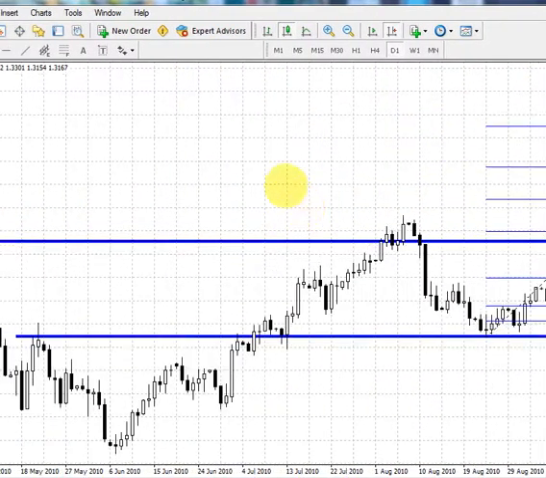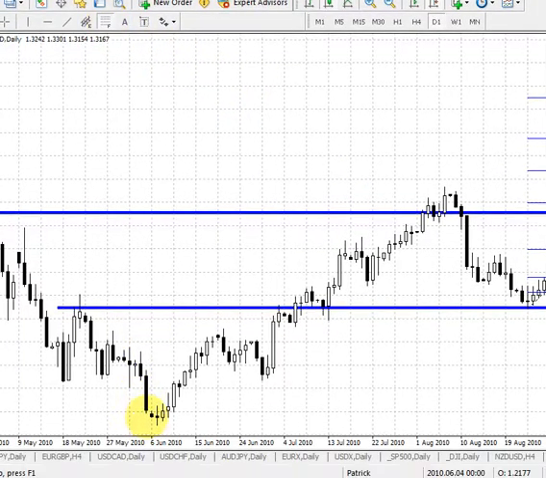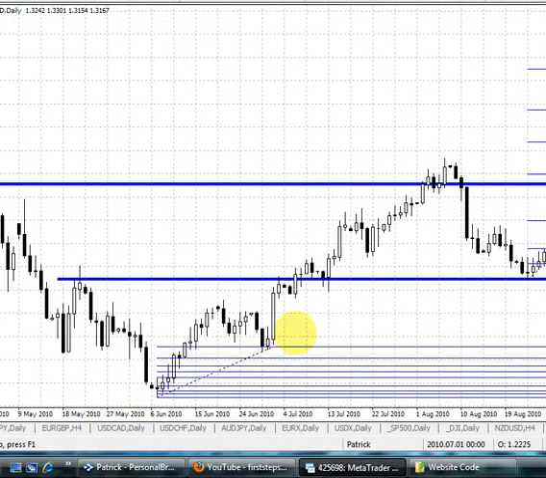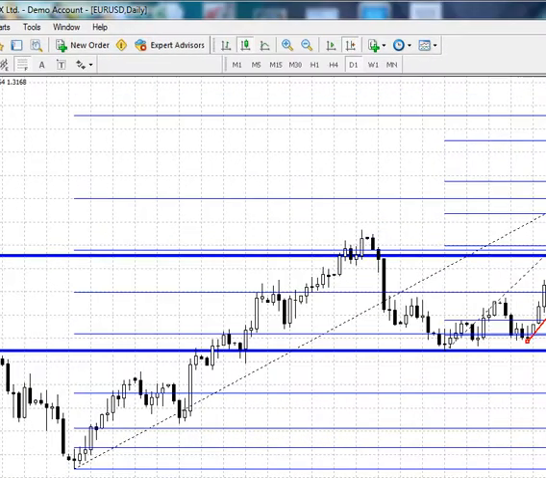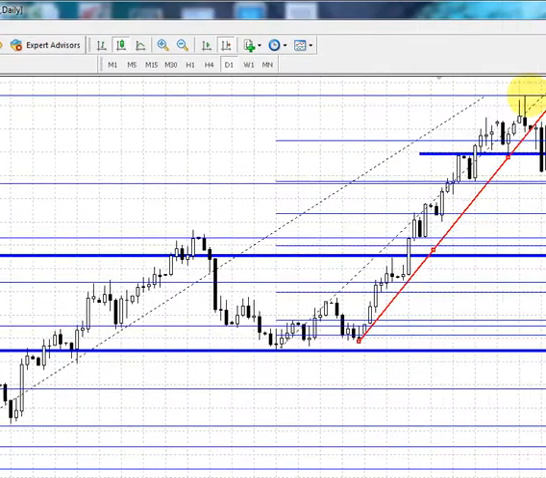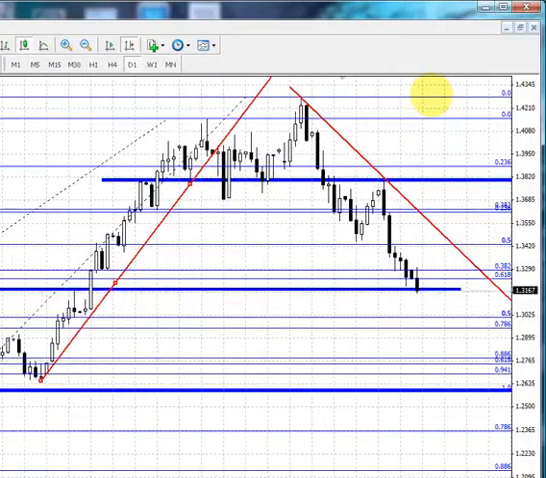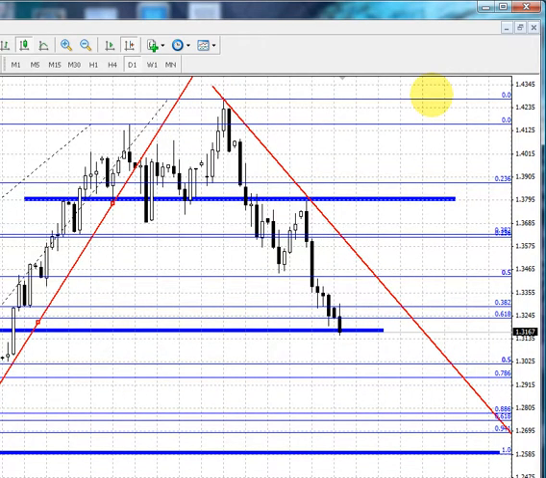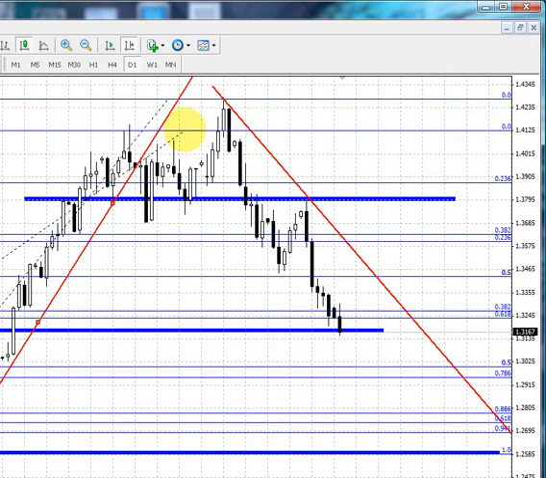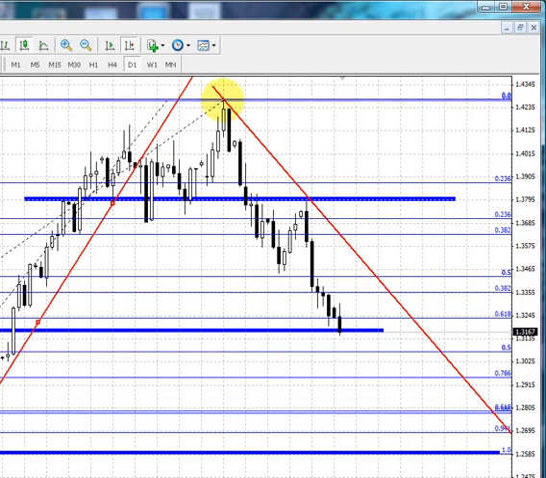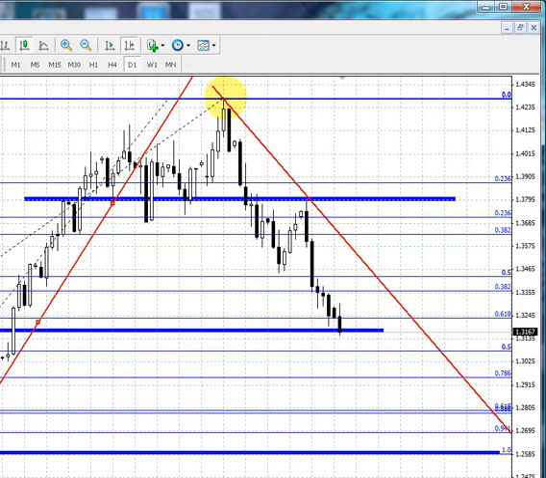Let's take it at another point. We've got another one down here. This is a more powerful low. As we've said on many occasions before, if you look through the guidebook and the free videos on my website, firststepsinforex.com, you will see that we're looking for conjunction. So we can have multiple Fibonacci points.